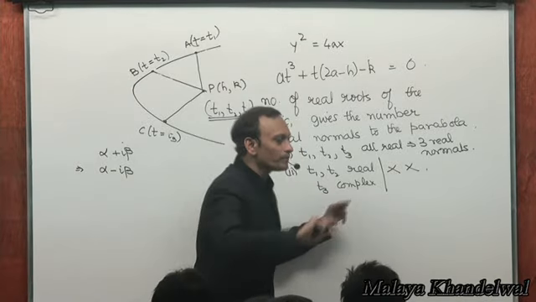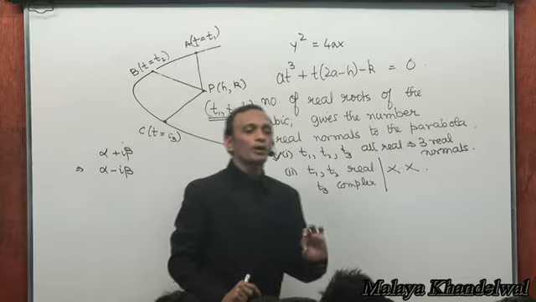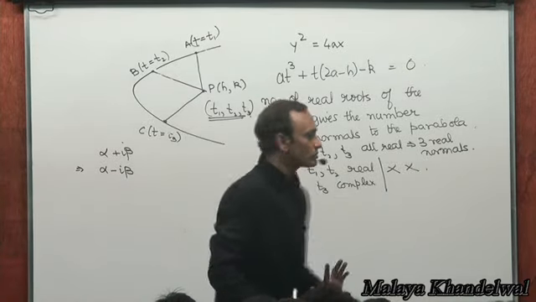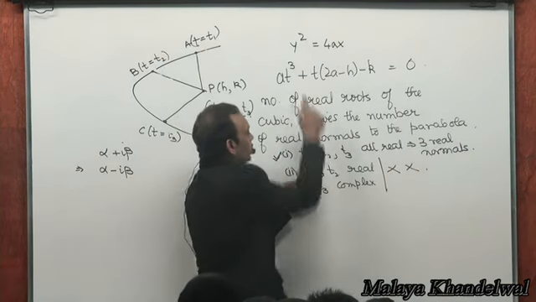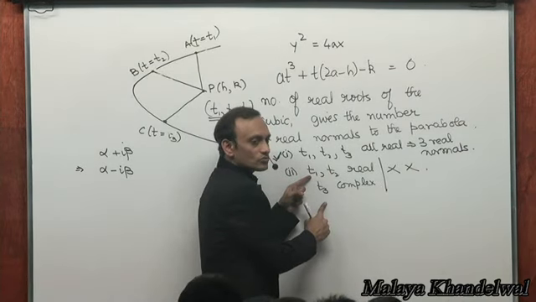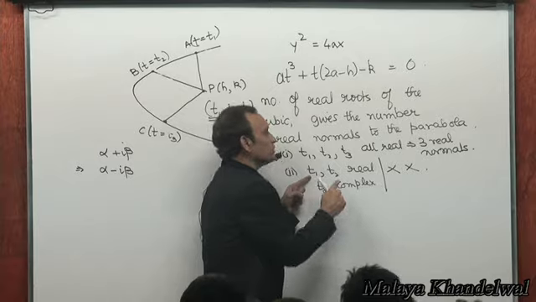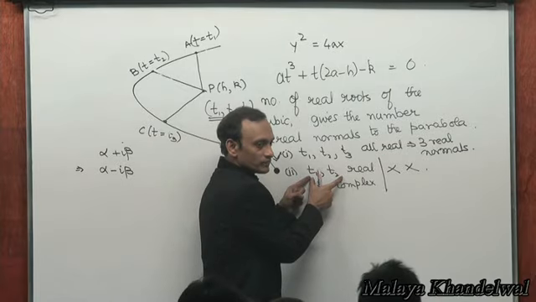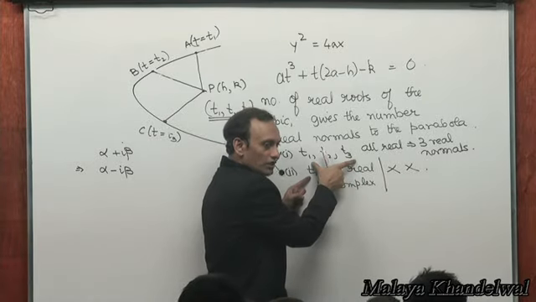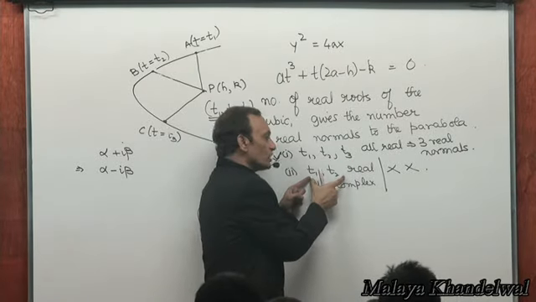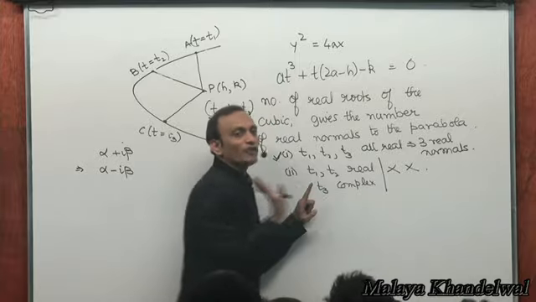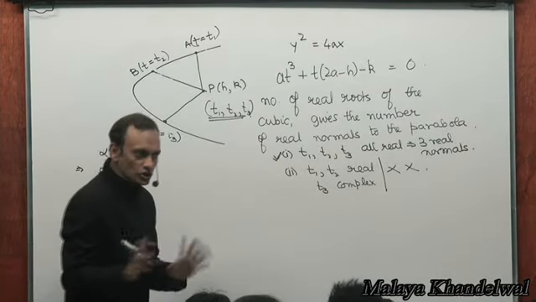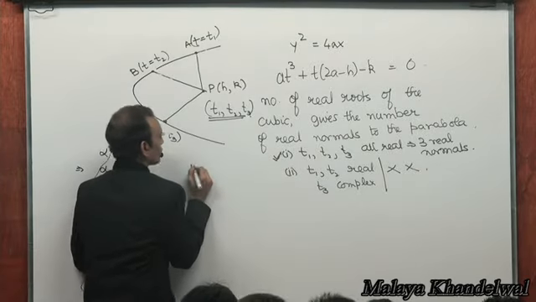I told you that a polynomial with real coefficients will have only an even number of complex roots. So is it possible that from a point (h, k) I can draw only 2 normals to the parabola? No, that's ruled out. I can have all 3 real normals, but 2 real normals is not possible.